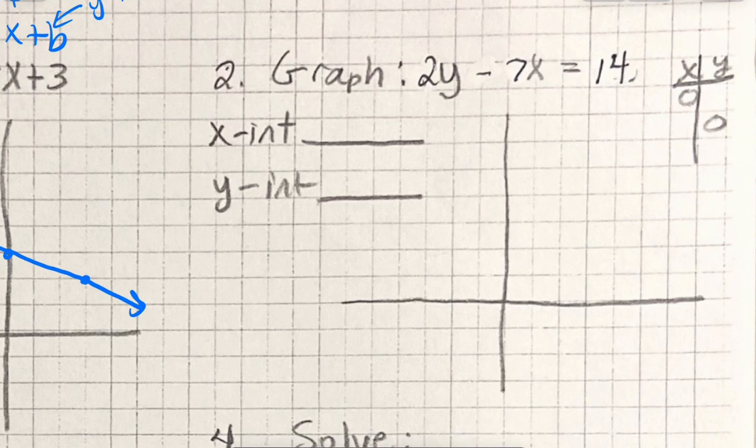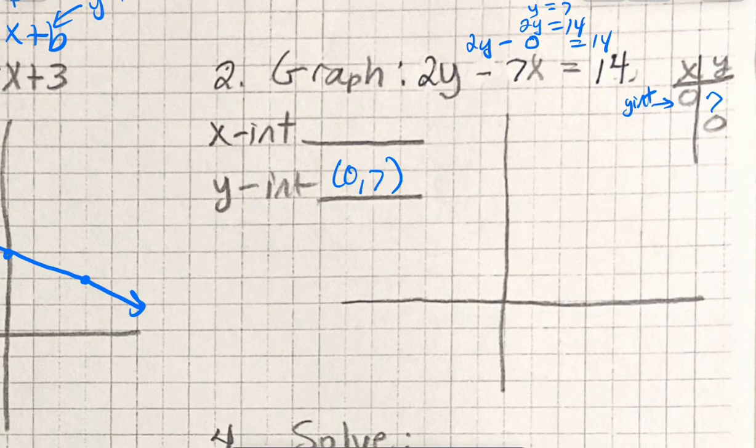Remember, the first one here is our y-intercept, and that's where x equals 0. So if this is 0, you really end up with 2y equals 14, which is very easy to solve. You just divide by 2, you get y is 7. So the y-intercept is 7. Let's put that as 0, 7.